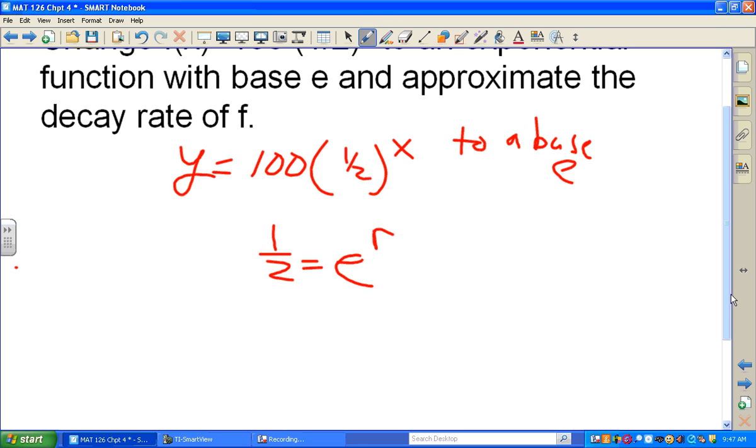So 1/2. How do you find out what this equals? 1/2 equals e to what power? How do you solve it? It's an exponential problem. ln to the log. So log base e of 1/2 equals r. What is the natural log of a half?